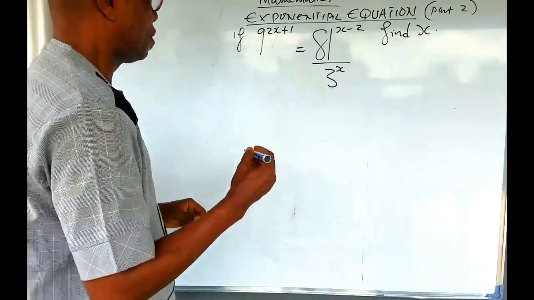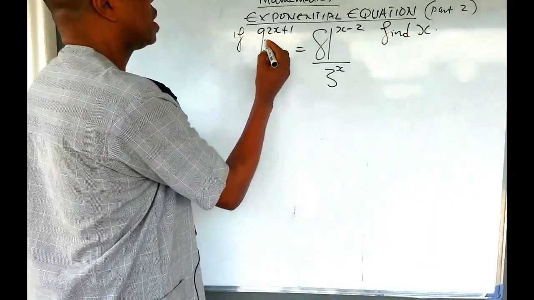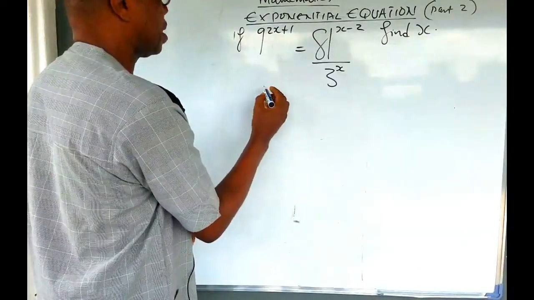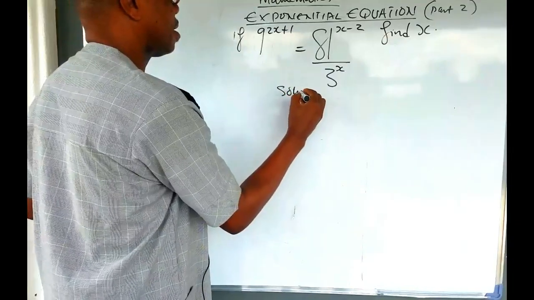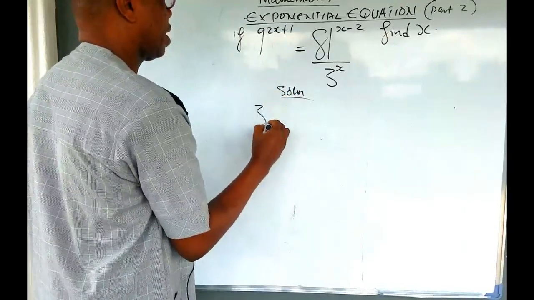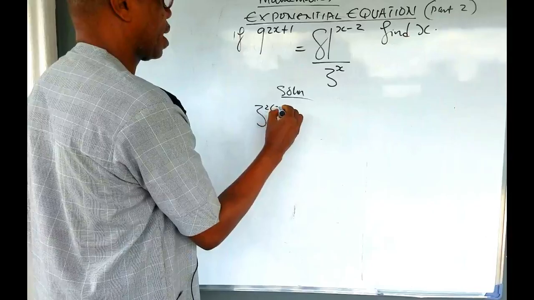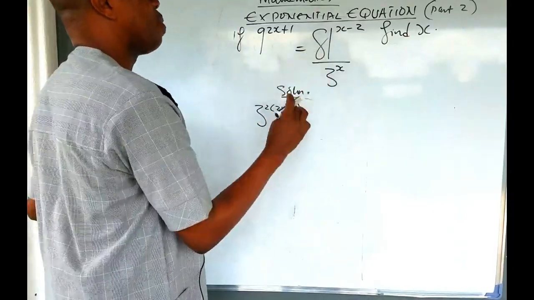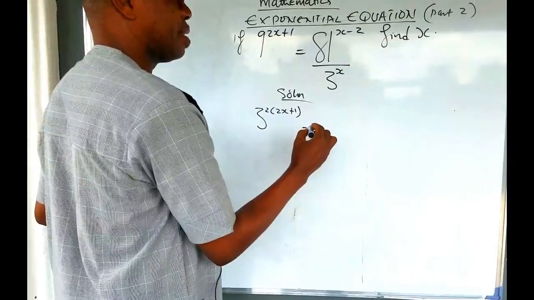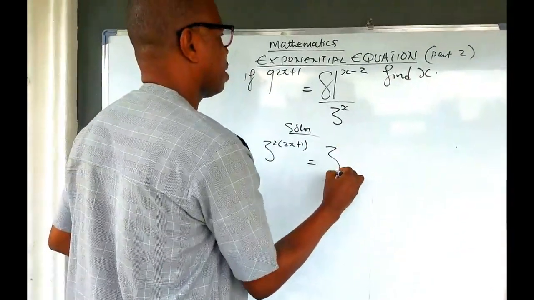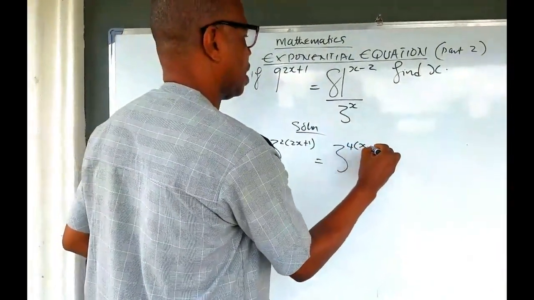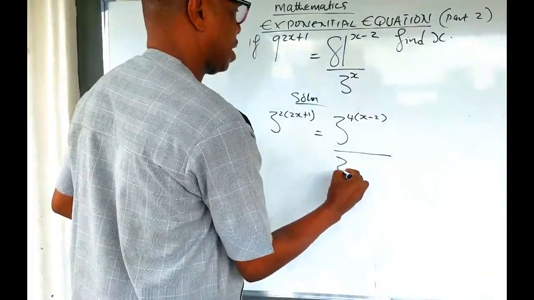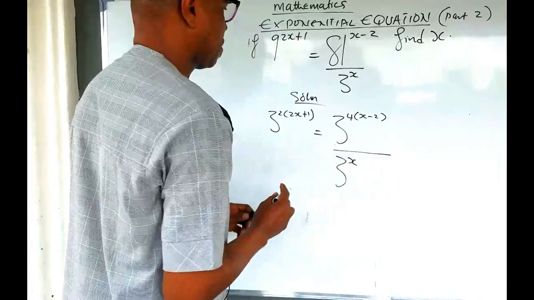Now let's move. 9 raised to the power 2x plus 1 is simply the same thing as 3 raised to the power 2, open bracket, 2x plus 1, is equal to 81, which is the same thing as 3 raised to the power 4, open bracket, x minus 2, all over 3 raised to the power x.